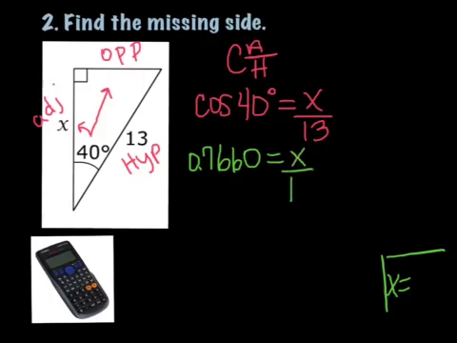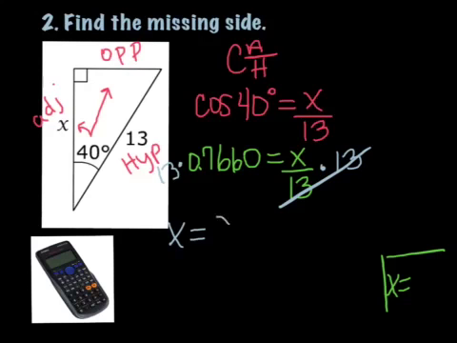Now I just have to solve this equation. So to get x by itself, we multiply both sides by 13. Those cancel out. So I went ahead and just left the 0.7660. It kept going. I left that in my calculator. So I'm going to take that number and go ahead and multiply by 13.